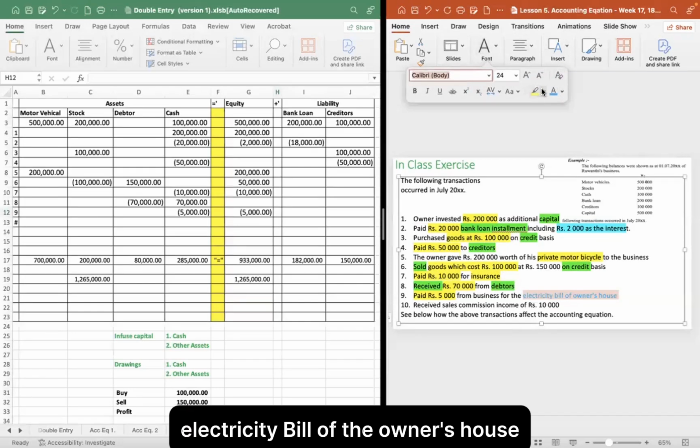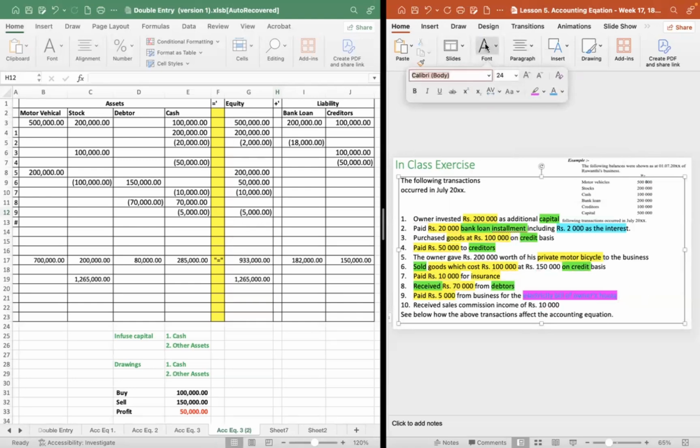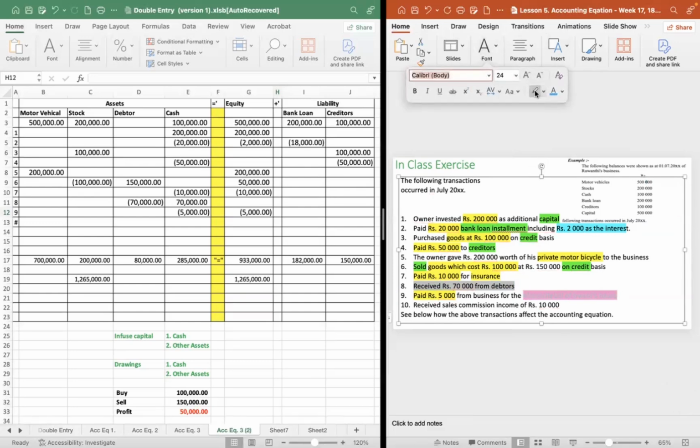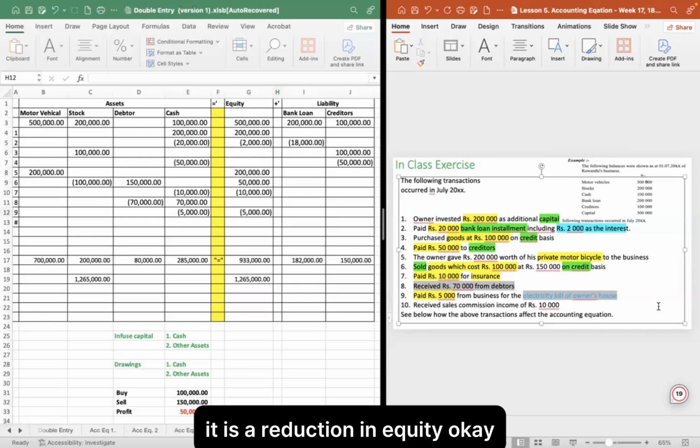Electricity bill of the owner's house is not an expense. It is a drawing, a reduction in equity.